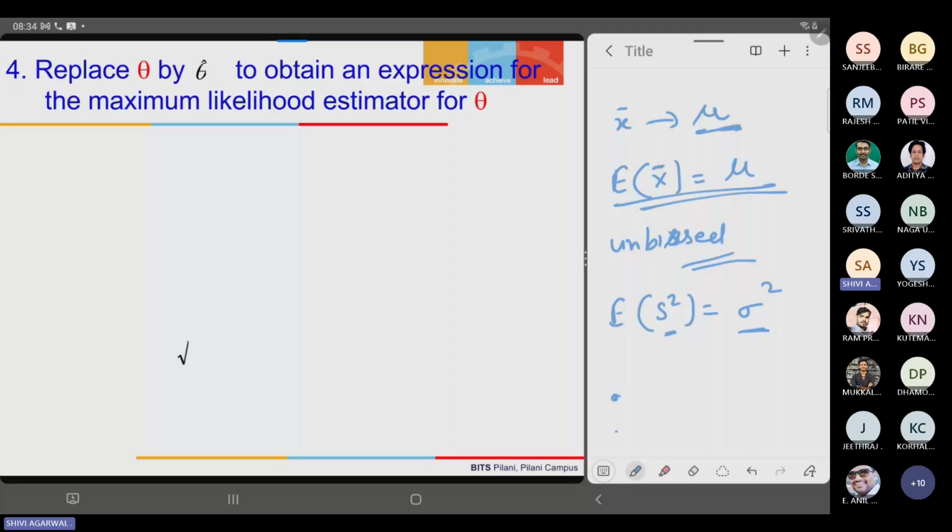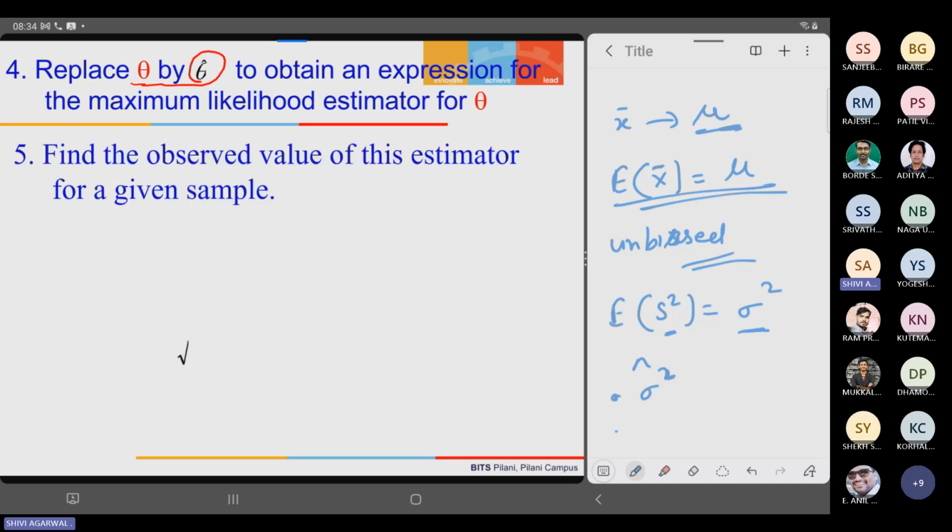At the last moment, we replace theta by theta hat. Why do we take theta hat? Because theta hat is the estimator. Do you remember that we say the sigma square estimator? This hat sign is used to denote the estimator. So we replace theta by theta hat to define the expression for the estimator.